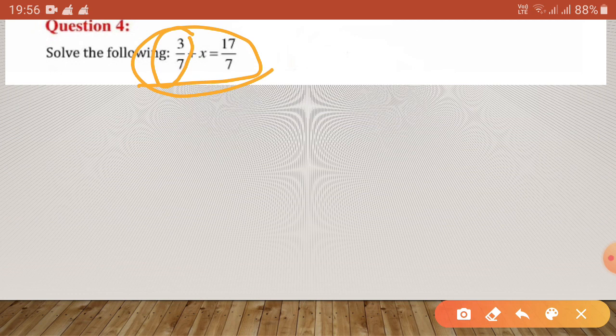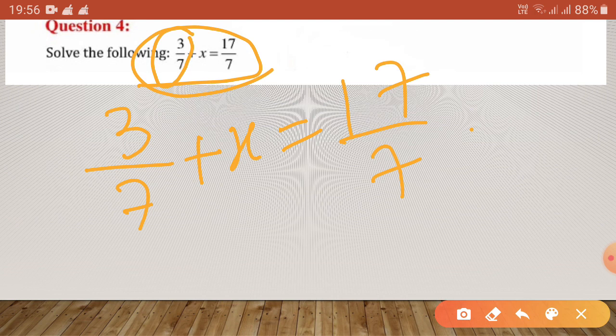How can we do that? We have already learned in the previous examples. So 3 by 7 plus x equal to 17 by 7. How can we minimize this value?